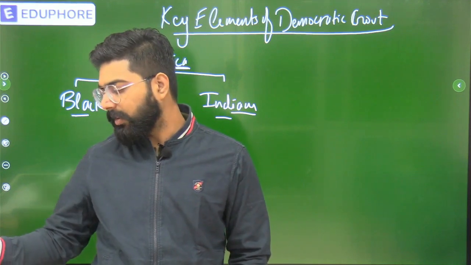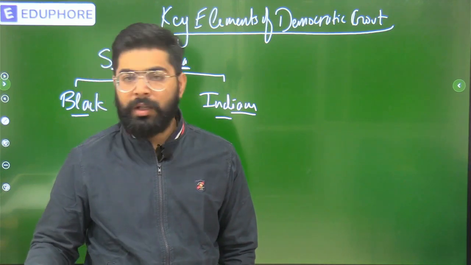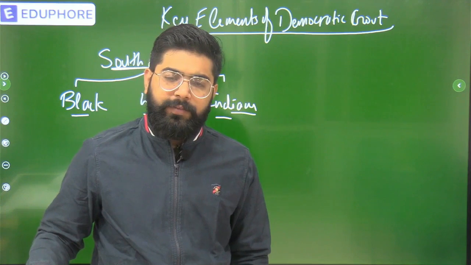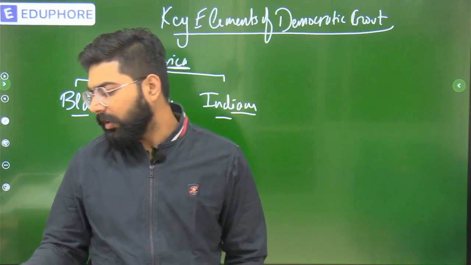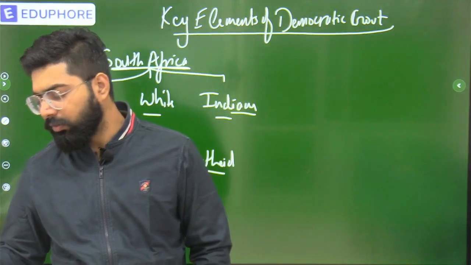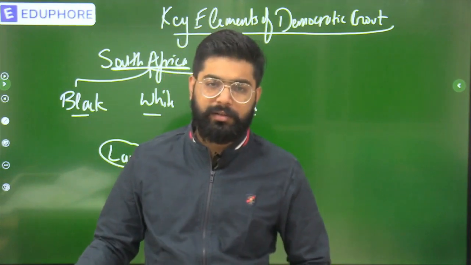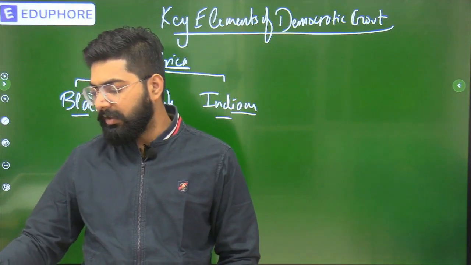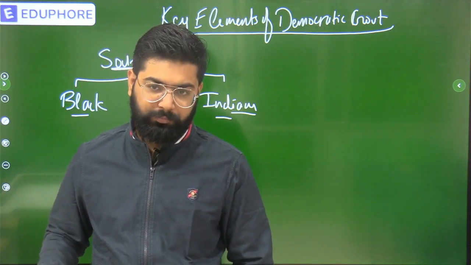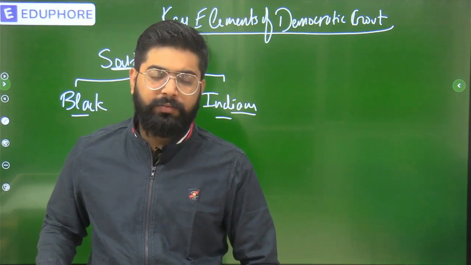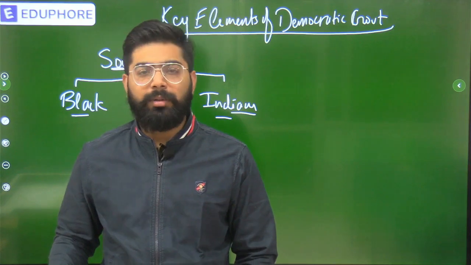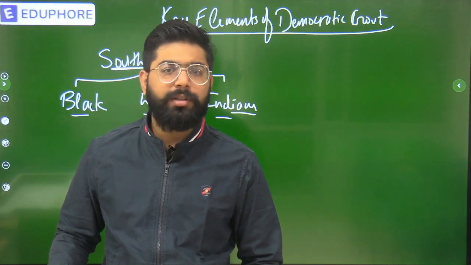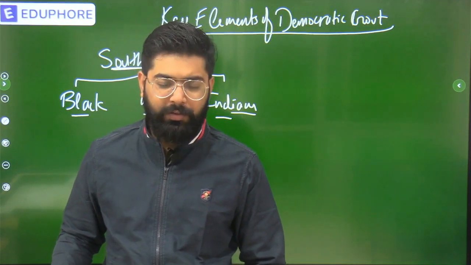Starting with this example, the NCERT further says that the African National Congress led the struggle against apartheid, and they succeeded in 1994. This is one of the key elements of democratic government, to ensure equality, obviously.